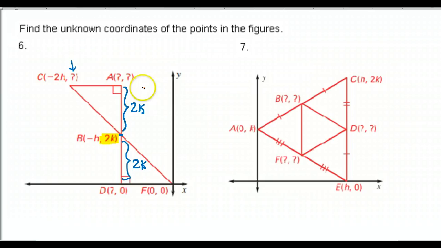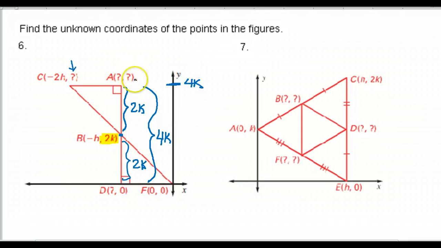So that means what is going to be the total height of this whole picture? Obviously the total height is going to be 4k. If the total height is 4k, then this height on the y-axis is 4k.